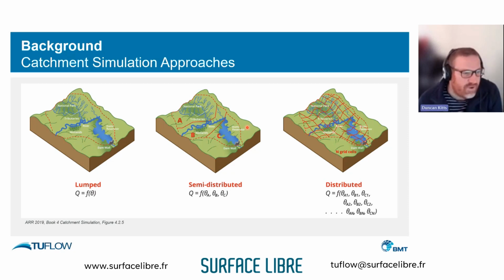Where we're moving to with direct rainfall is this distributed approach, where we split the whole catchment up into a series of, in TUFLOW sense, a series of grid cells, each of which has their own slope, for instance, has its own material characteristics, can have its own soil characteristics, and therefore, we're spatially distributing the hydrological behavior, and it really allows us to represent the detail of what's going on within the catchment.